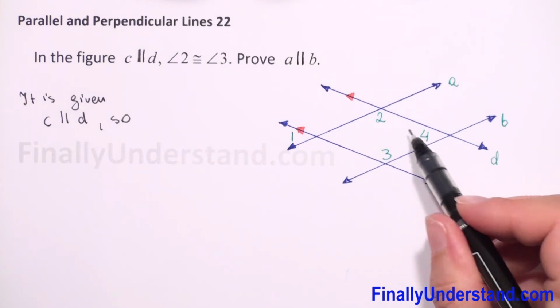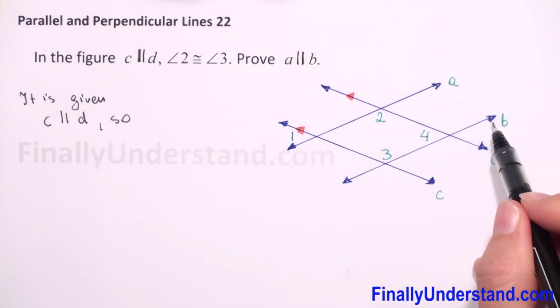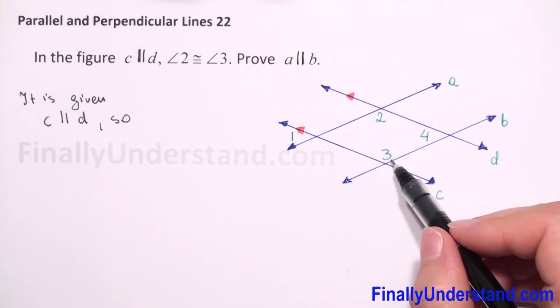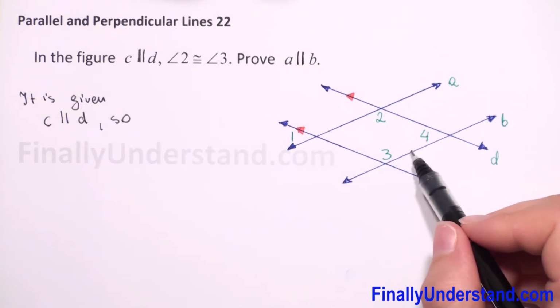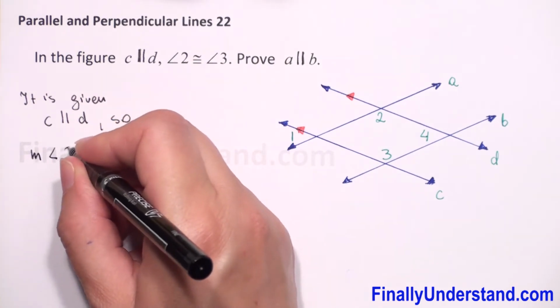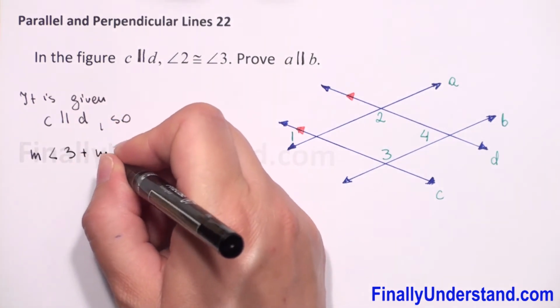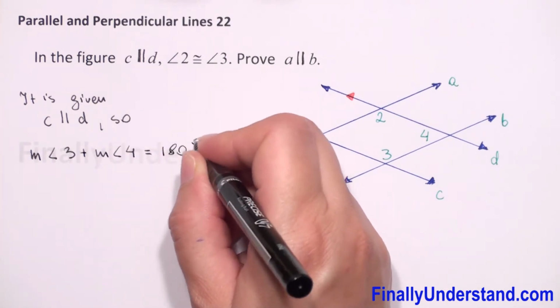If two parallel lines are cut by a transversal, then the consecutive interior angles are supplementary. So the measure of angle 3 plus the measure of angle 4 is 180 degrees.